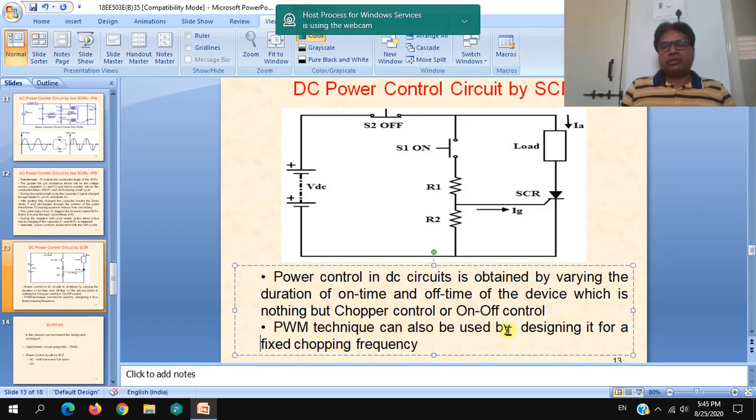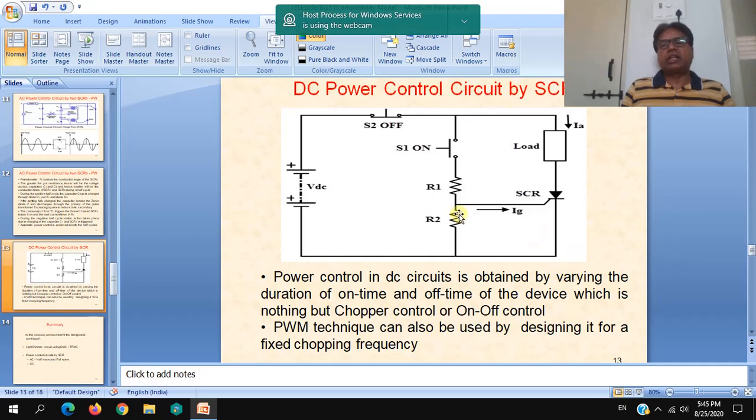PWM techniques can also be used by designing for a fixed chopping frequency, by varying the conducting times, that is, you will turn on the SCR by this gate switch. Just call it a gate switch.